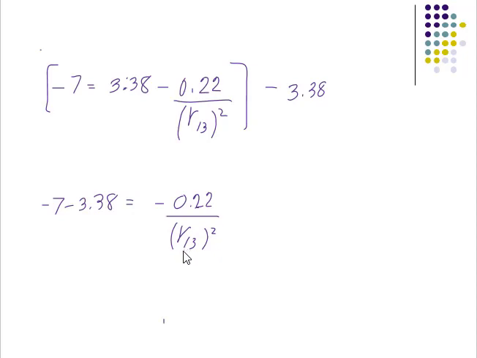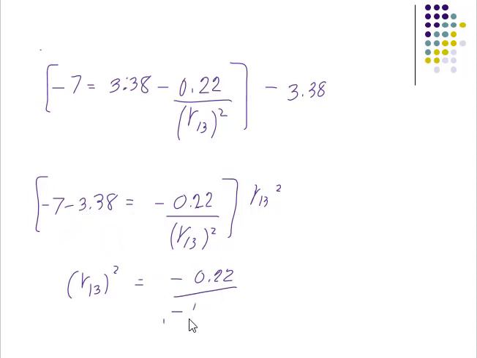Since we are after the distance R13, we multiply everything by R13 squared. We now have R13 squared equals negative 0.22, then we divide it by this value, which is negative 10.38. Then we get the square root of both sides to have the answer R13.